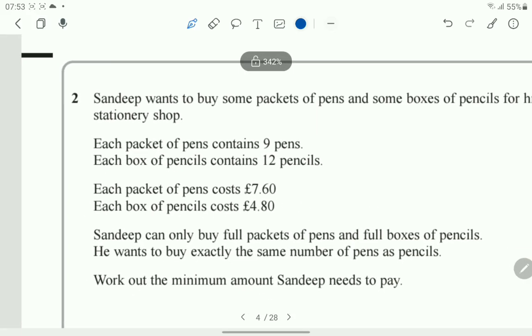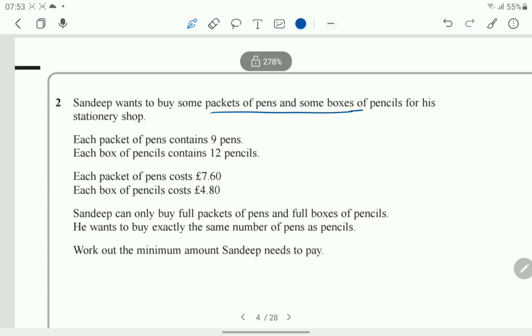So question 2, Sandeep wants to buy some packets of pens and some boxes of pencils for his stationery shop. Each packet of pens contains 9 pens. Each box of pencils contains 12 pencils. Each packet of pens costs 7.6 pounds and each box of pencils costs 4.8 pounds. Sandeep can only buy full packets of pens and full boxes of pencils.